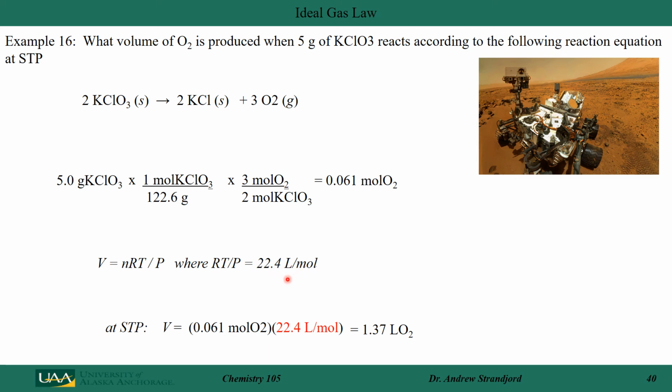This is sort of a shortcut way of doing it, but you can still put in all the values here. Volume at standard temperature and pressure is going to be 0.061 moles of oxygen times 22.4 liters per mole, or 1.37 liters of oxygen. So you can see for every 5 grams of potassium chlorate on Mars, we can generate 1.37 liters of oxygen gas to breathe.